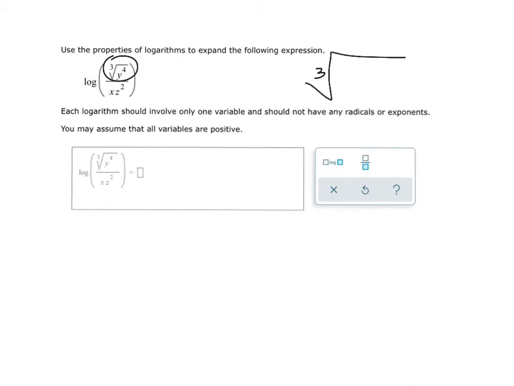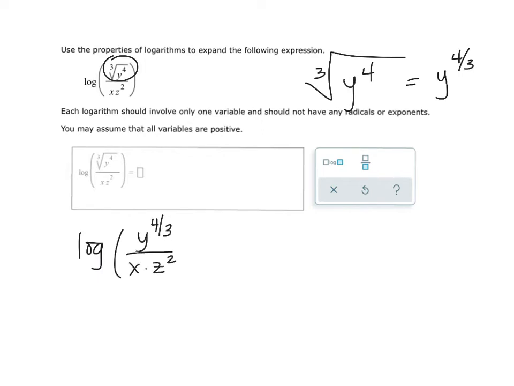This means the cube root of y to the 4th. Well, if you watched the rational exponents video, we know that this is the same as y to the 4/3 power. So we're going to rewrite that as log of y to the 4/3 over x times z squared.